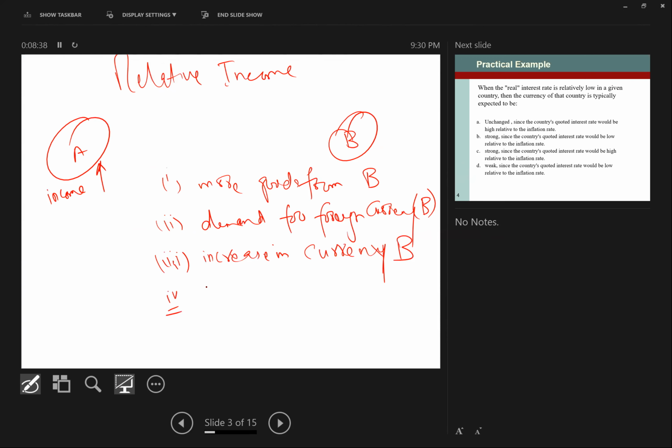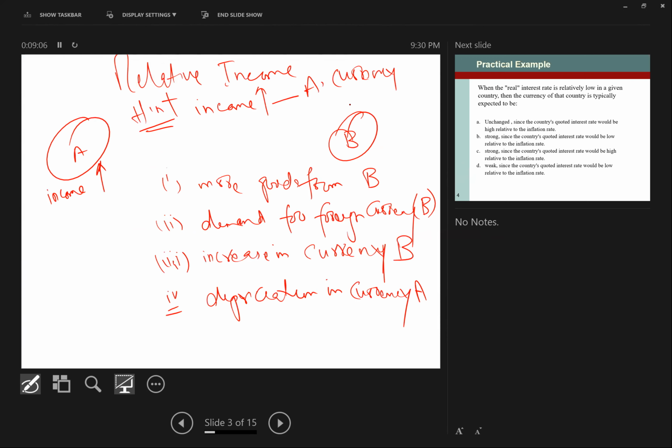Very nice. So there's going to be depreciation of currency A. We can create a hint: where income is high, that country's currency will depreciate. Very nice.